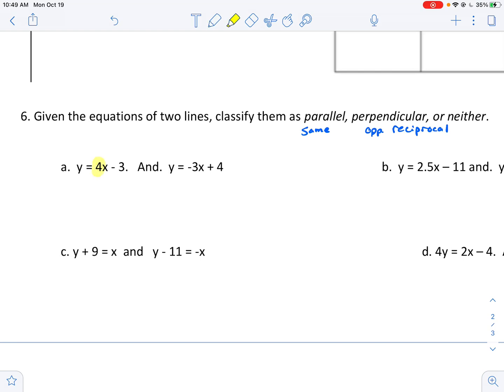First one we're going to look at, my slope is in front of the x in our y equals mx plus b format. So my slope is 4 over 1, and then my slope over here is a negative 3 over 1. And it doesn't look like there's any relationship between these two fractions. They're not the same number, and they're not flipped. So this would be a neither.